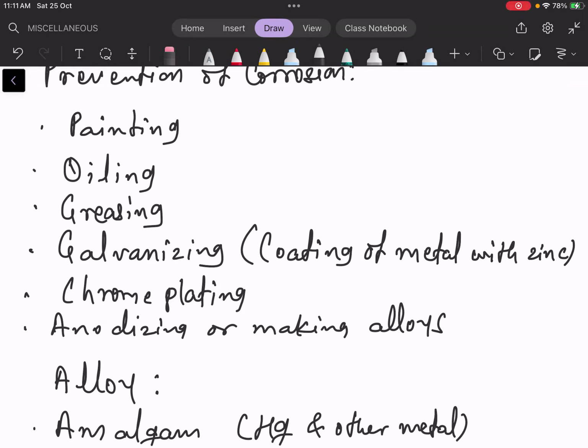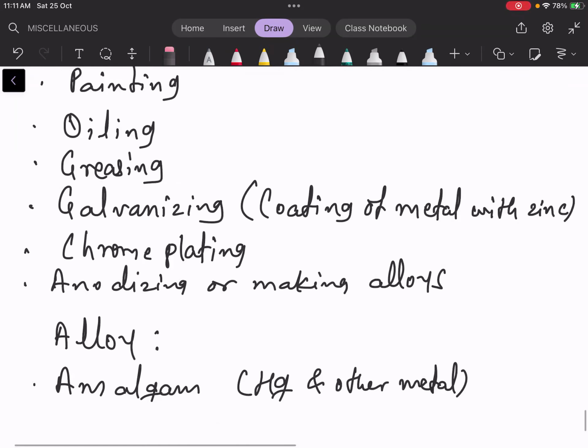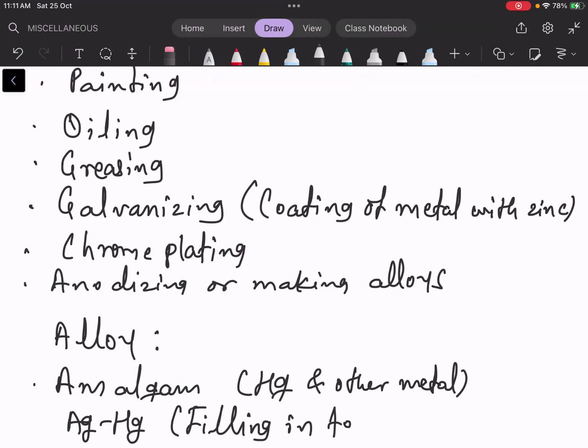It is used to fill the cavities in teeth.